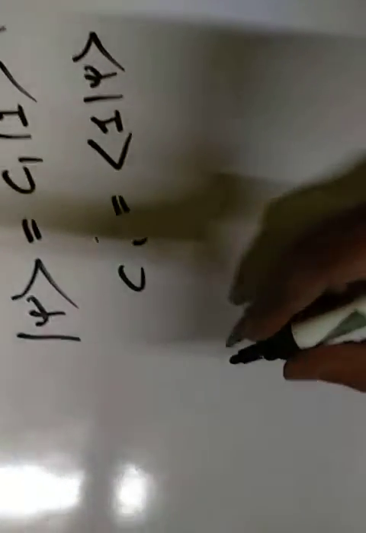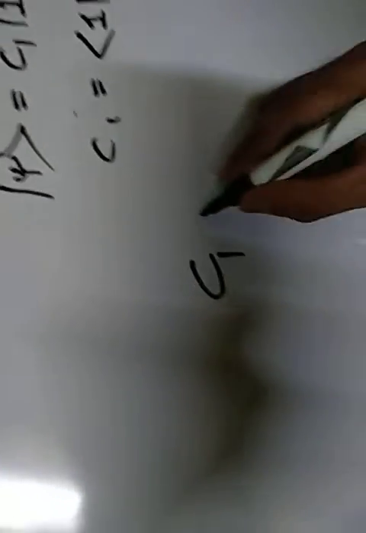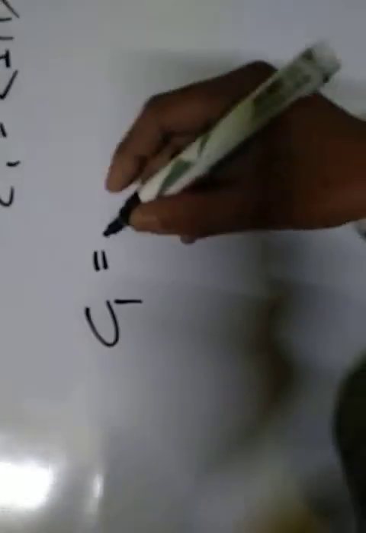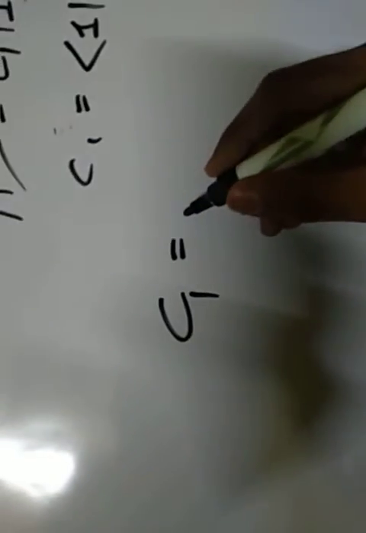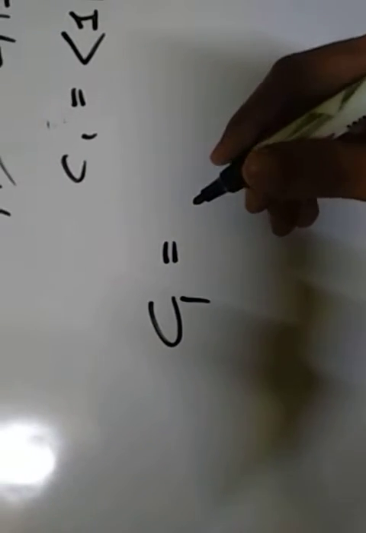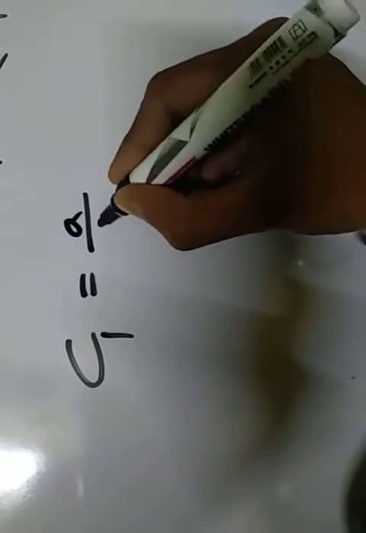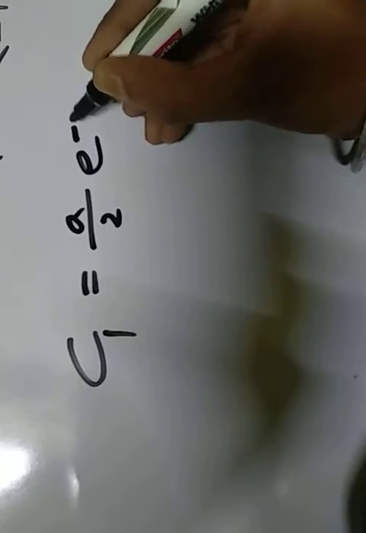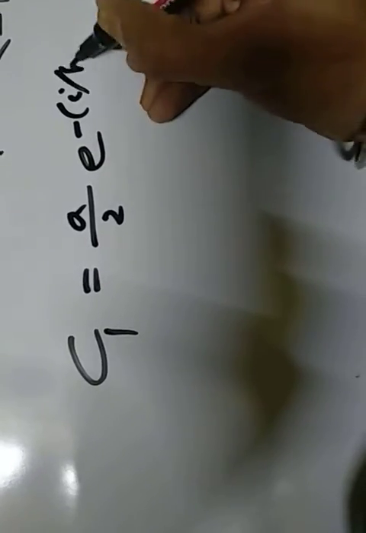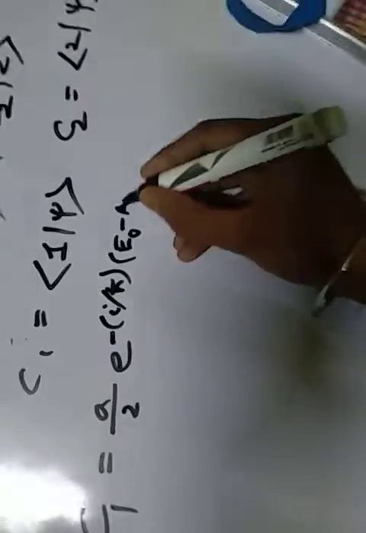So we'll go further into the explicit expressions of C1 and C2, which we had done previously, but this is of prime importance in today's discourse also. So this goes: C1 equals a/2 e to the power minus i/ħ (E0 minus A) t.